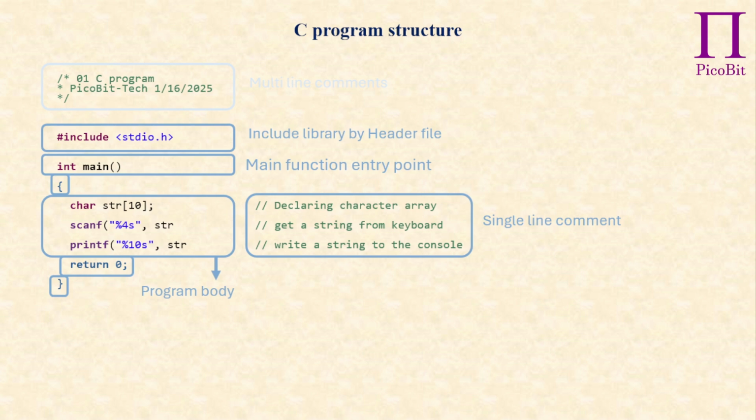One, single line comments begin with double slash and extend to the end of the line. These are typically used for brief explanations or inline notes. Number two, multi-line comments start with slash asterisk and end with asterisk slash. These span multiple lines and are often used for detailed explanations or block comments.